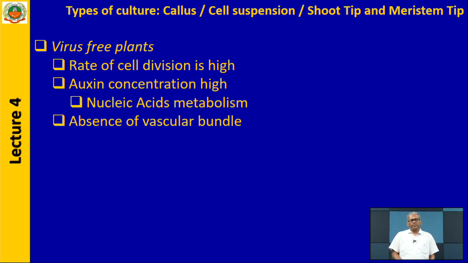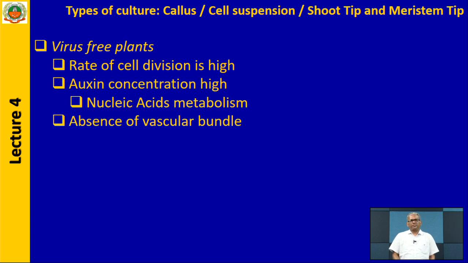Also, the meristematic cells are not connected to one another because they lack vascular bundles. Please understand that viruses move from one cell to another through the plasmodesmata or the vascular bundles, which are absent in the meristematic tissues.